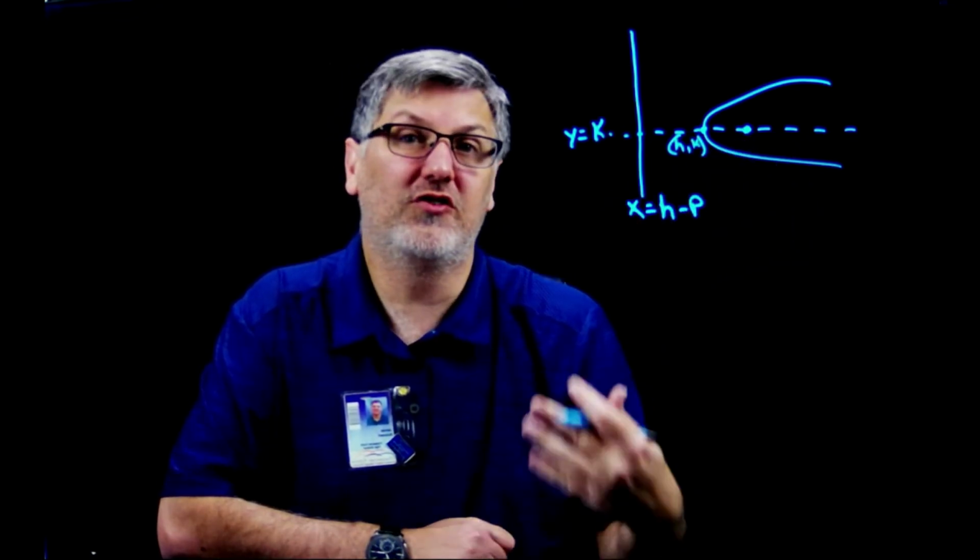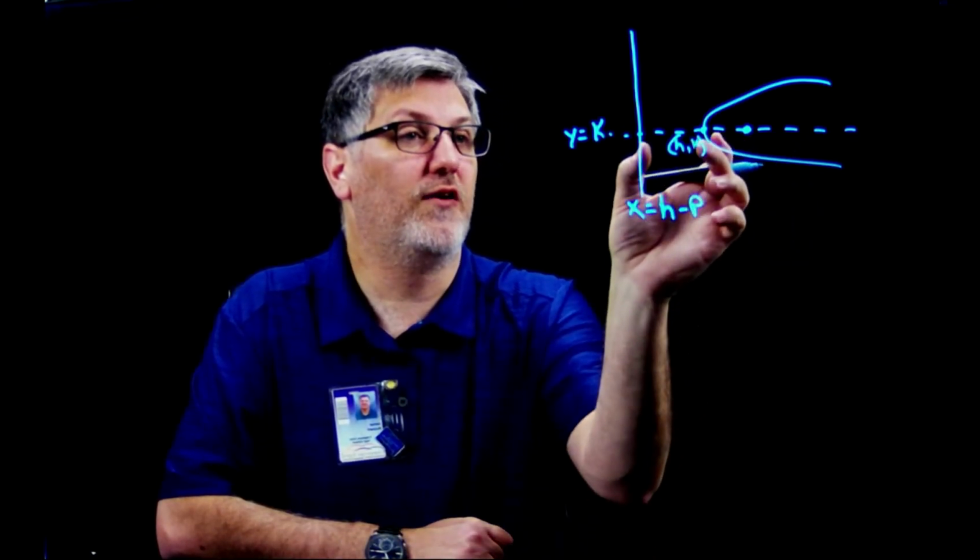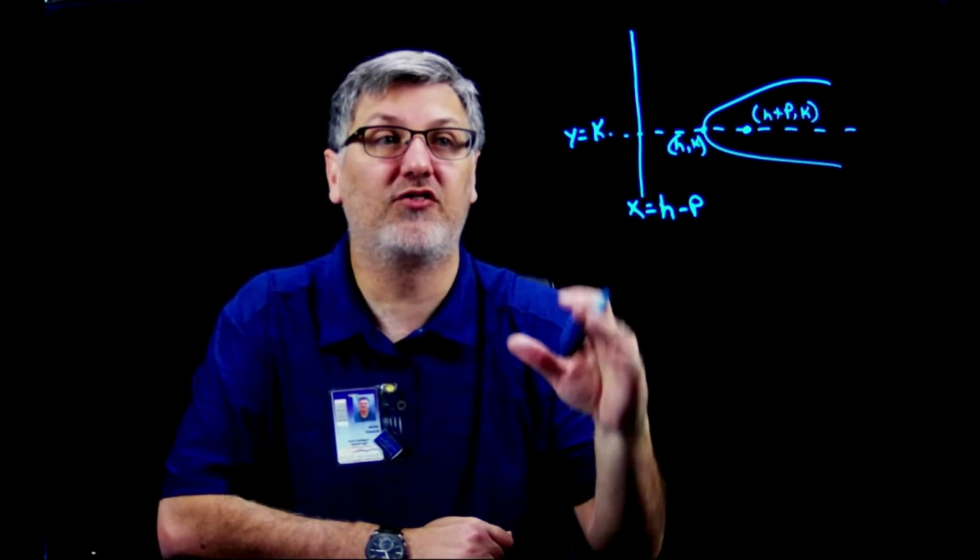My vertex is still (h, k). That is never going to change. But this time, for the focus, you can just think your way through it once you understand what's going on. This distance is a p, this distance is a p. I'm moving on the x's, so it's going to be (h + p, k). So if I ask you to label everything, I want you to label the axis of symmetry, the directrix, the vertex, and the focus with the parabola.